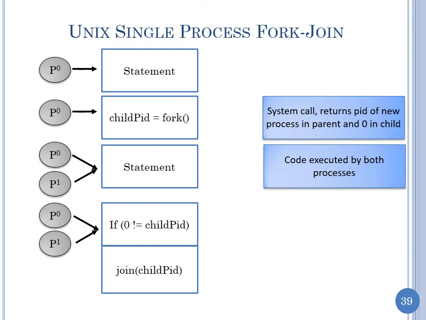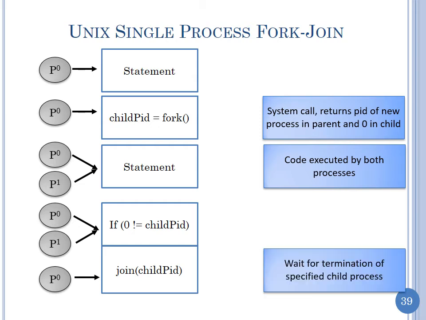If you're the parent, which you are if the child PID doesn't return 0, then you join. So we have a join call in Unix too, that allows you to wait for the termination of that process. This join is executed only by P0, and it waits for termination of the specified child process.